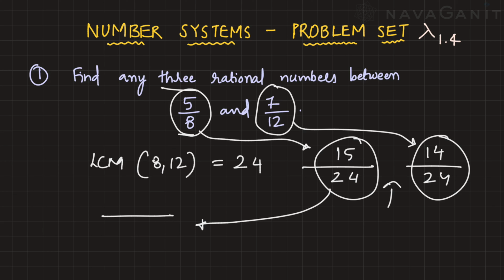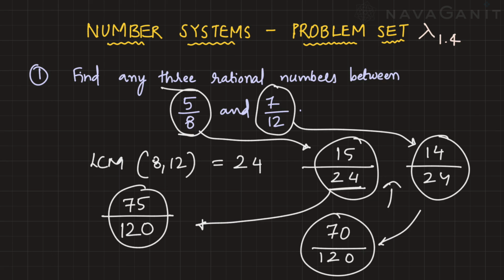What am I saying? For example, we have 24. Say I make it 120. So 15 by 24 would become 75 by 120, and 14 by 24 would become 70 by 120. Now between 75 by 120 and 70 by 120, I can easily find three rational numbers.